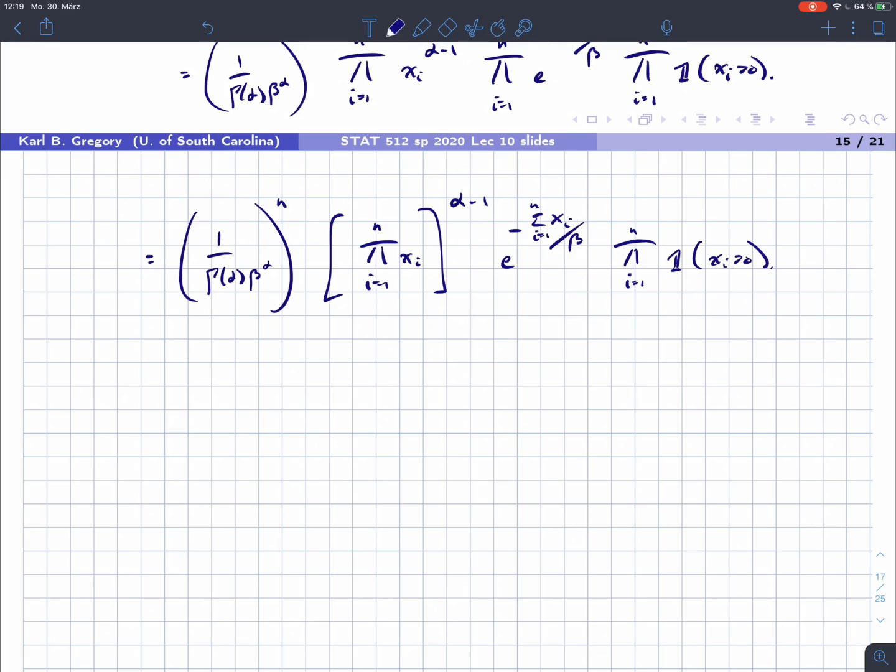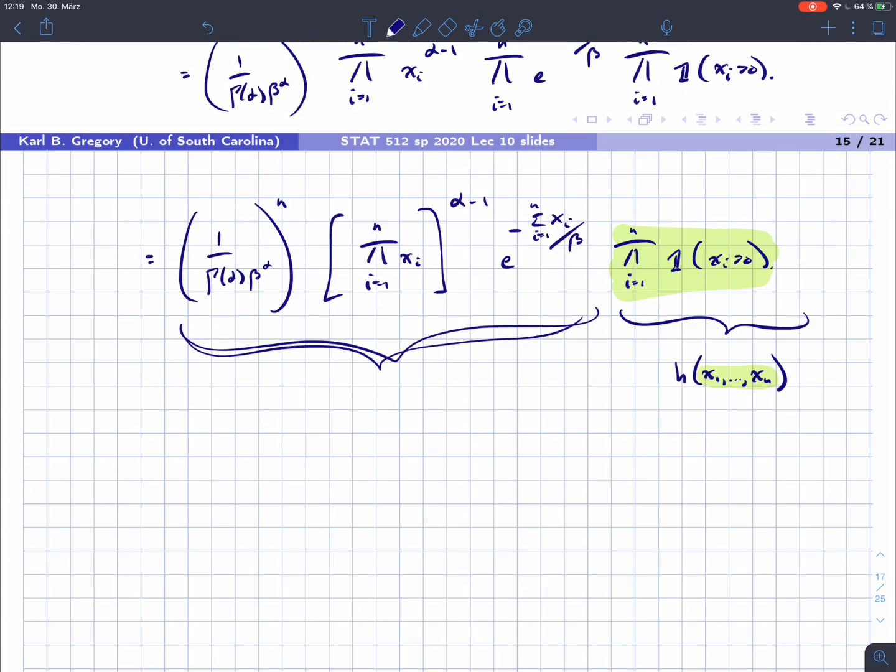All right. What I'm looking at now is, can I maybe break this up and call this h of x1 through xn? Because this is a function which involves the data values but not the parameters. And now this other function contains these two things.